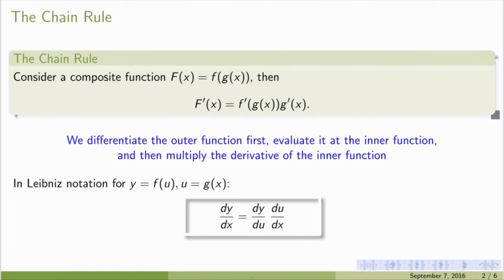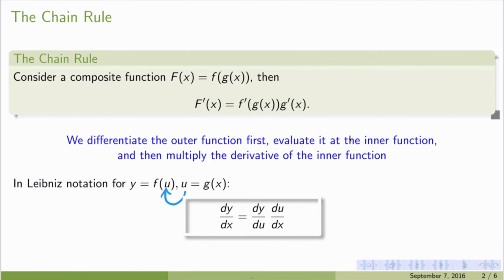Now there is an alternative notation using the Leibniz notation, where you do these dy by dx and du by dx kind of thing. So in that notation, you write y equals f of u, and u equals g of x. So you see this implies that you substitute u into f right here.